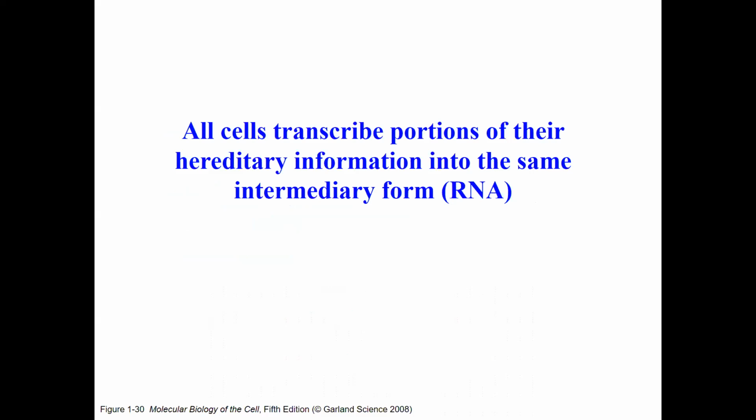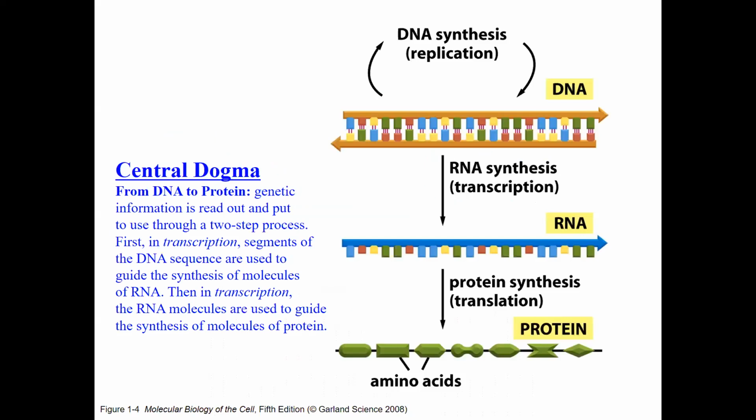All cells transcribe a portion of their hereditary information into the same intermediary form, mRNA. This is the summary of the central dogma, from DNA to protein, how gene expression takes place. Gene expression means a specific portion of the DNA, that means a gene, is transcribed to produce RNA, called mRNA, which is transcription, and then the RNA moves to the ribosome and synthesizes the protein, which is called translation.